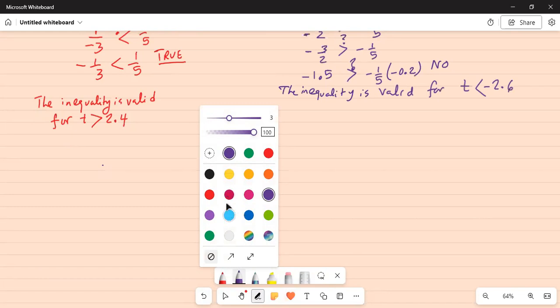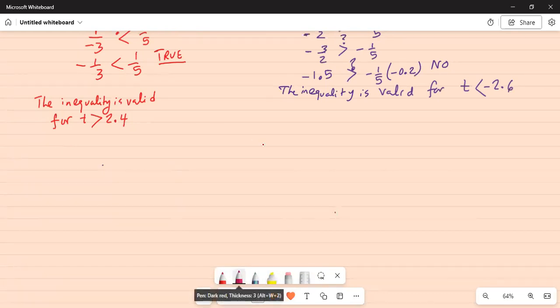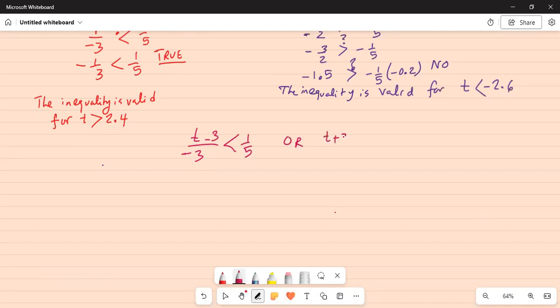Okay, so you have the actual inequality, a compound inequality: (t minus 3) by minus 3 less than 1/5, or (t plus 3) divided by minus 2 greater than minus 1/5.